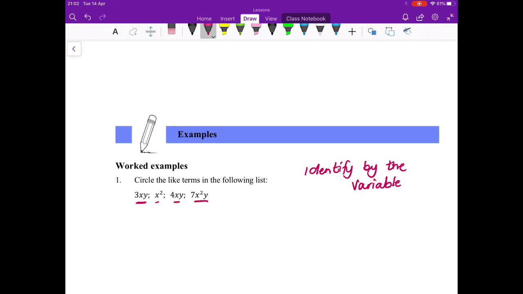That's an xy. That's an x squared y. Now, there are only two terms here that have identical variables, and those two terms are the 3xy and 4xy. So it's the variables that make them like terms. X squared doesn't count, and this is x squared y, which is different to xy.